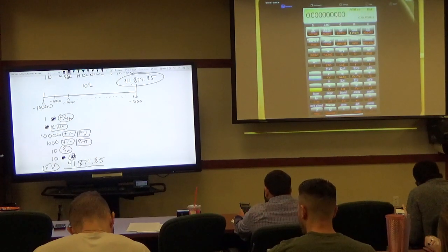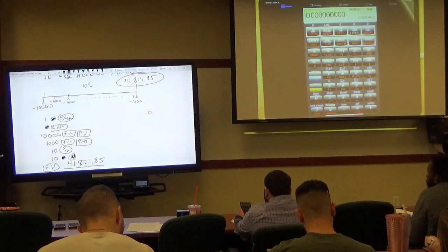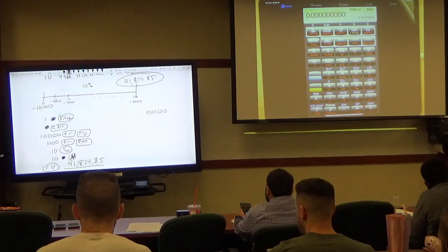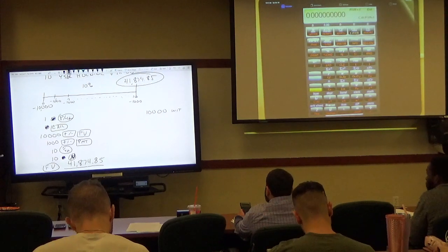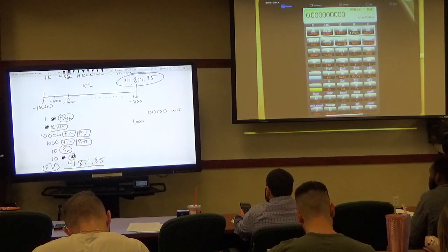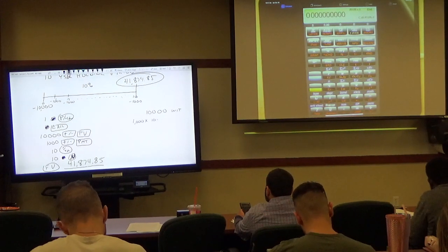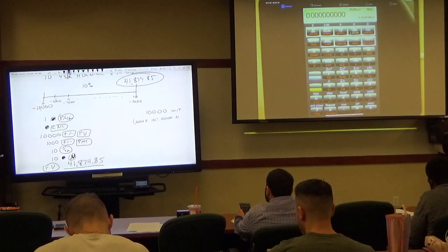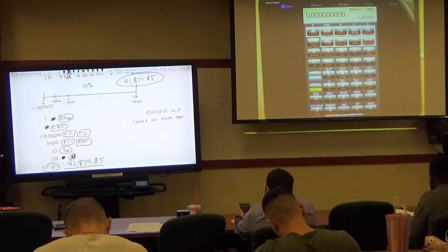Now, let's just, for fun, once again, do the simple math. We have our initial expenditure of $10,000, and then we have the $1,000 times 10 years, so another 10,000 in cash flows.